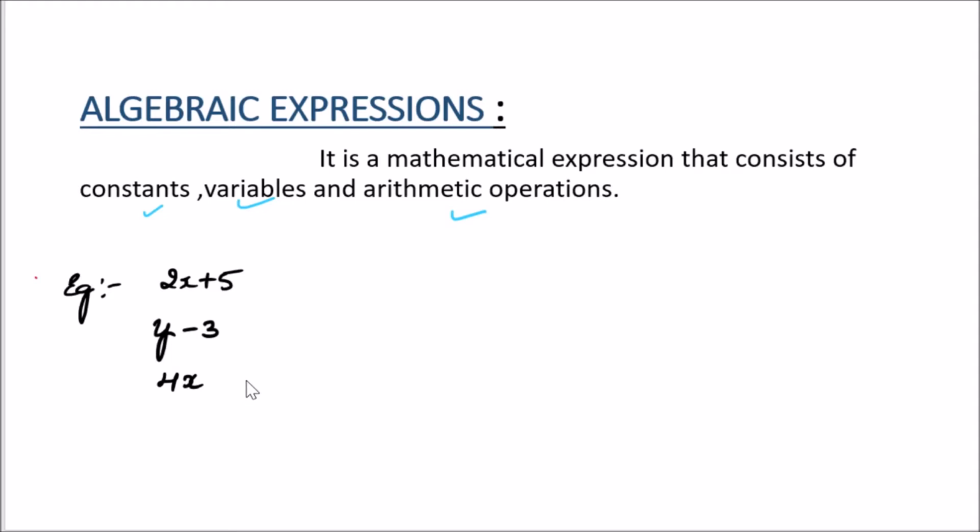We usually call it 4x. Now 15a plus 6b minus 2 is also an algebraic expression. Then 72x by y is also an algebraic expression. Clear? So these are some of the examples.